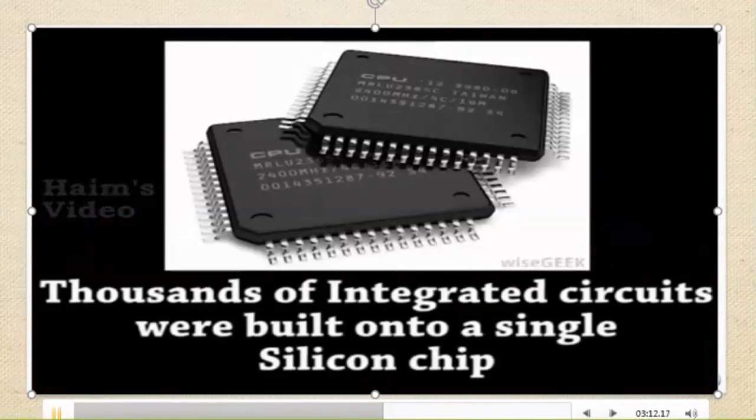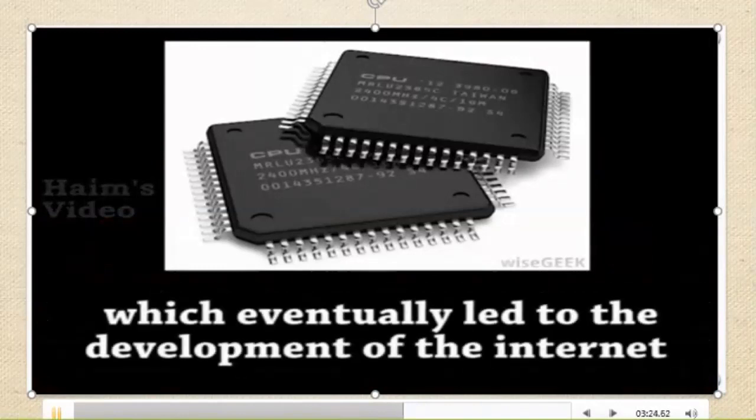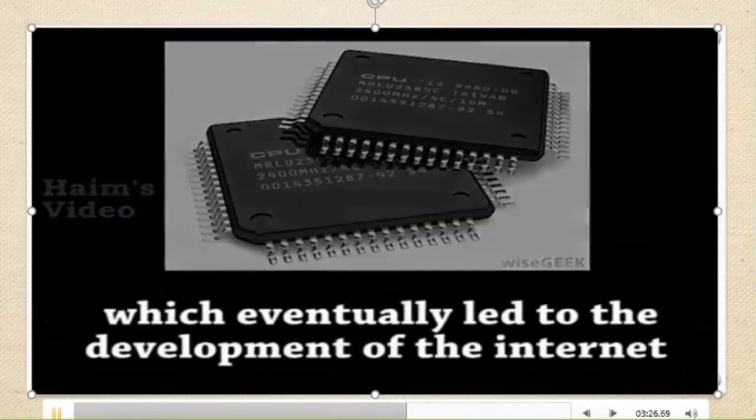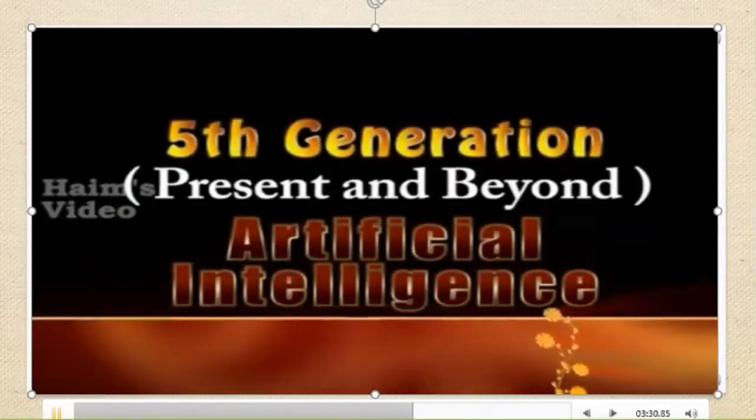Microprocessor. Thousands of integrated circuits were built onto a single silicon chip. As these small computers became more powerful, they could be linked together to form networks, which eventually led to the development of the internet.